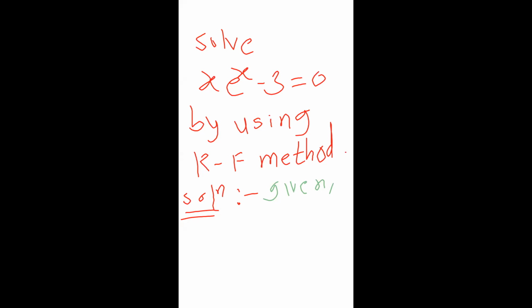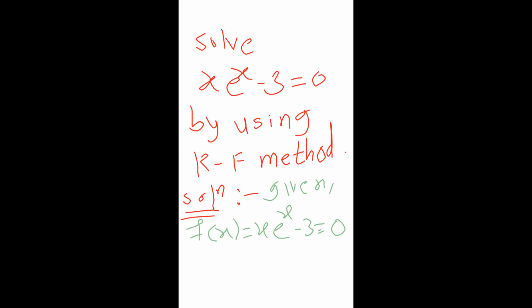Write down, given f of x is equal to x e raised to x minus 3 is equal to 0. Now find two values of x such that for one value the function is negative, for the other value the function is positive.